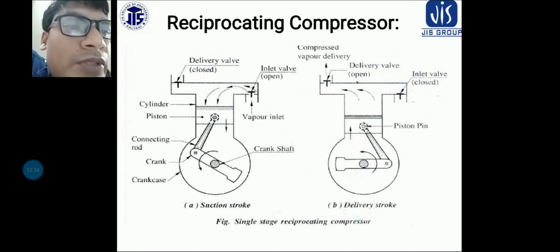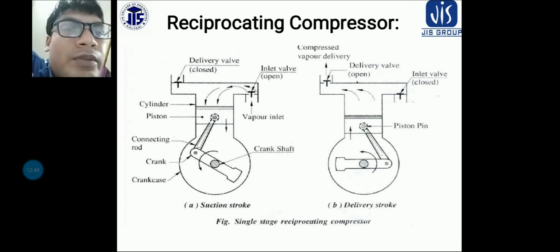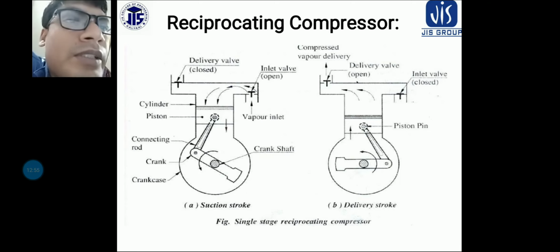So this is the process of how it is operating. The crankshaft is rotating, and the connecting rod provides some force on that piston, then the piston is moving from bottom to up, or up to bottom. Okay, so this is how the phenomenon is occurring, and the reciprocating compressor is needed everywhere.